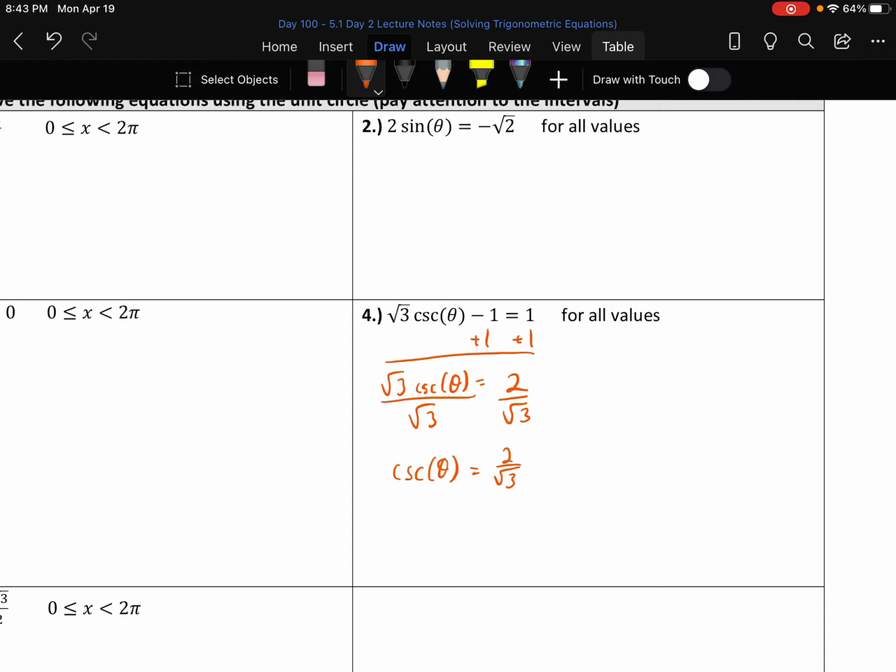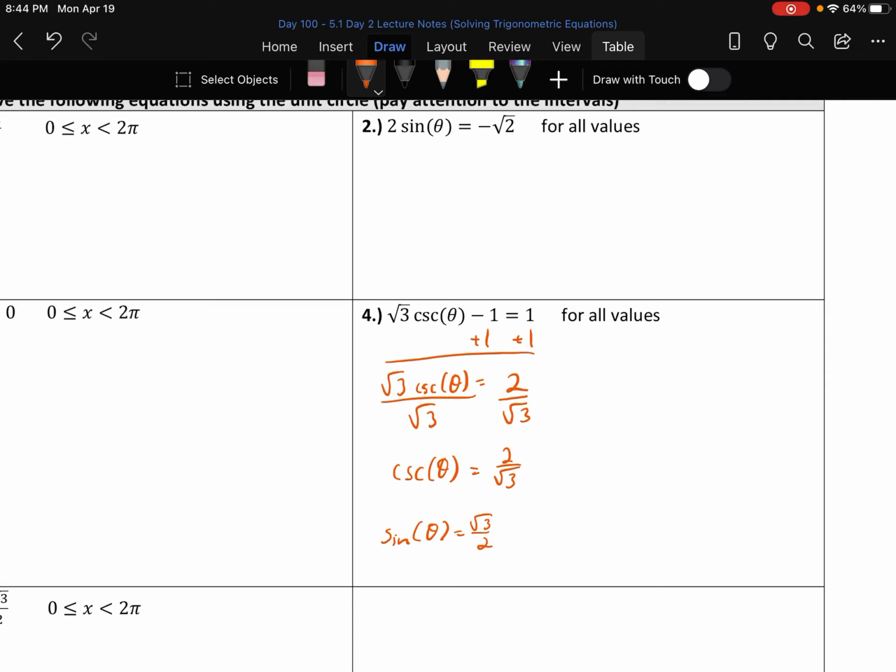Now since this is cosecant, recall from yesterday, whenever you're dealing with one of the reciprocal functions, you want to turn it into its corresponding function, which in this case would be sine, because now we can just flip this fraction.